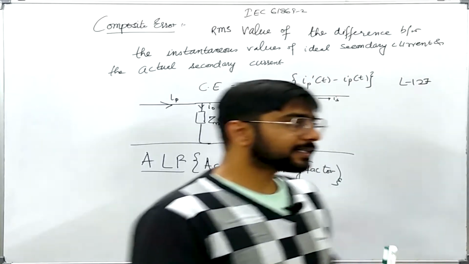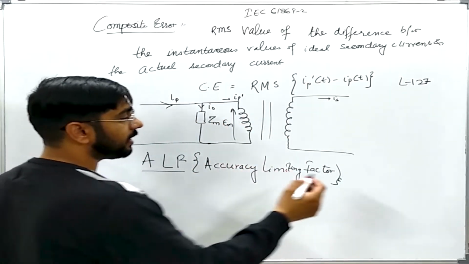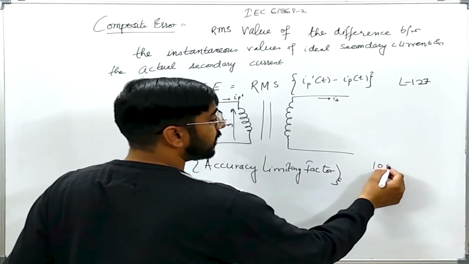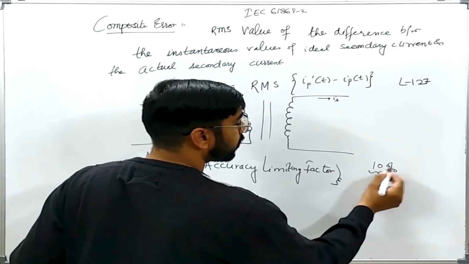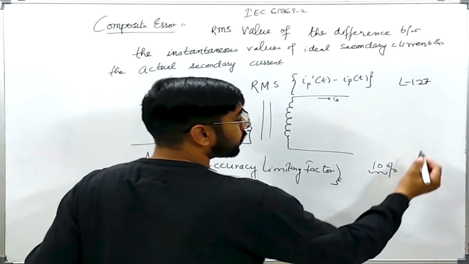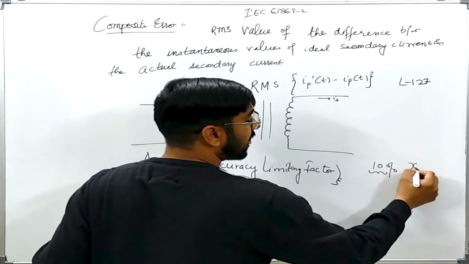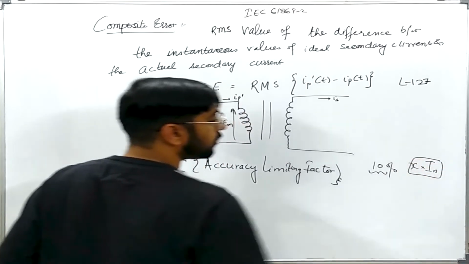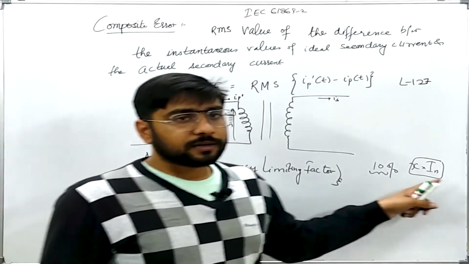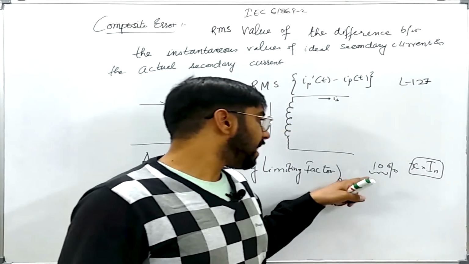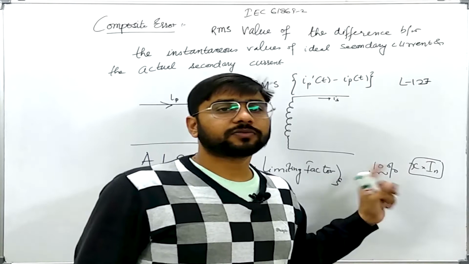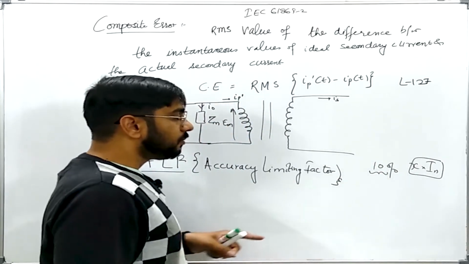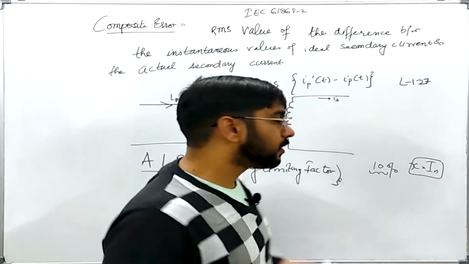Okay. So let us say I have a CT which is going to have 10% guaranteed error at, let us say, X times the normal current. Beyond this current, we cannot say whether the error will be 10% or 12% or 5%. Okay. Usually it will be more than 10% only.